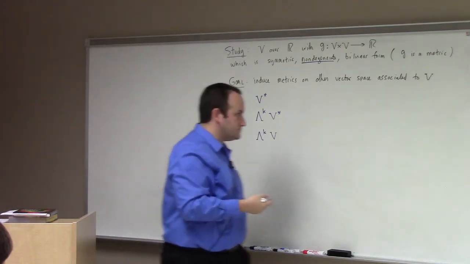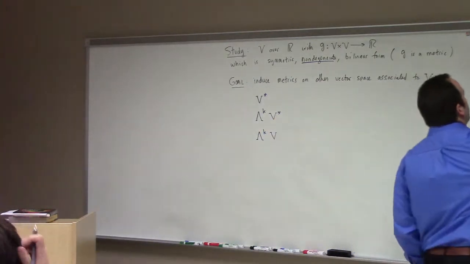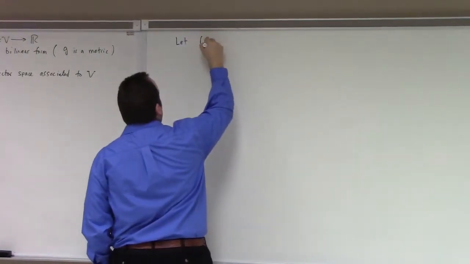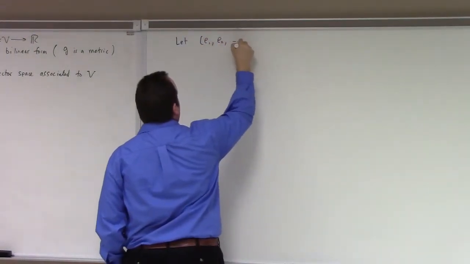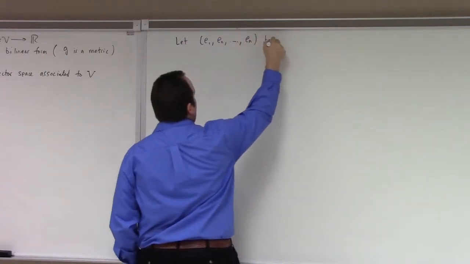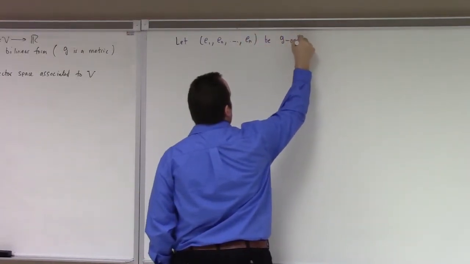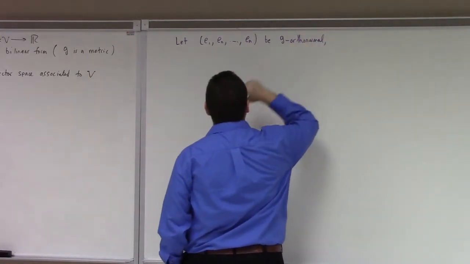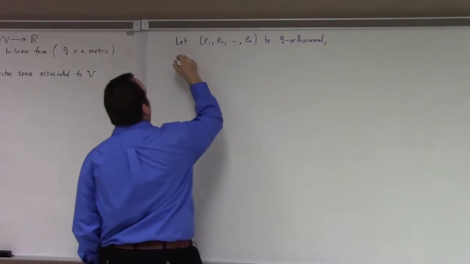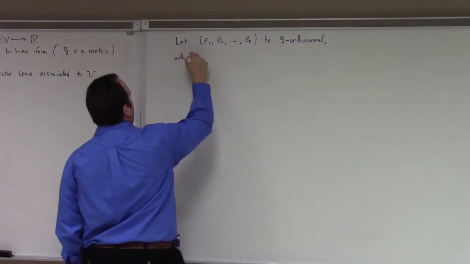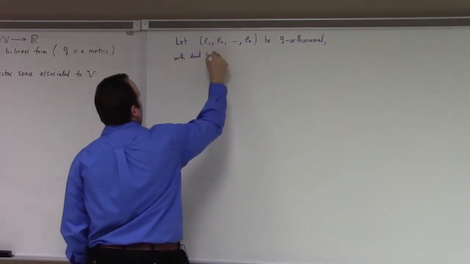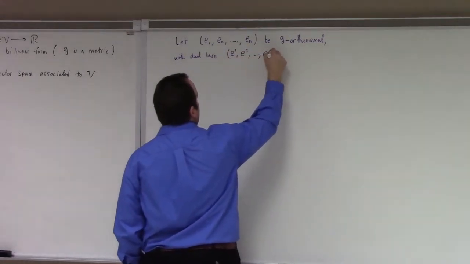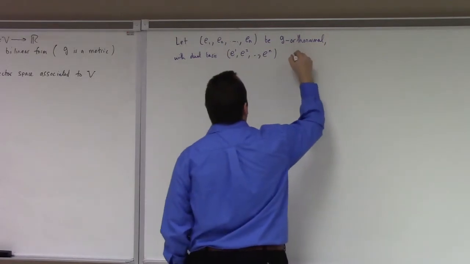All right. So let E1, E2, En be G orthonormal, and then with dual basis E1, E2, En as usual, right? What's the connection between these two?